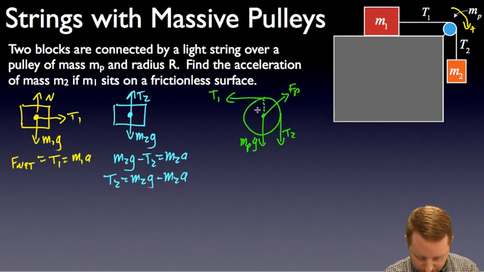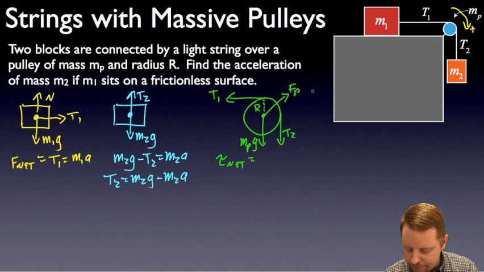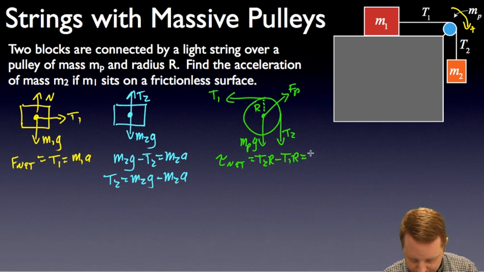And these both are operating at a distance R from the point of rotation. So here, I'm going to take a look at the net torque and say that the net torque must be T2R, pointing in my positive direction, minus T1R, pointing in the opposite direction, must equal I alpha, the moment of inertia of the pulley.